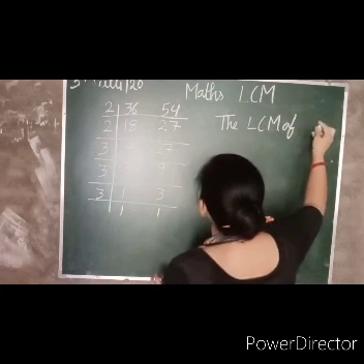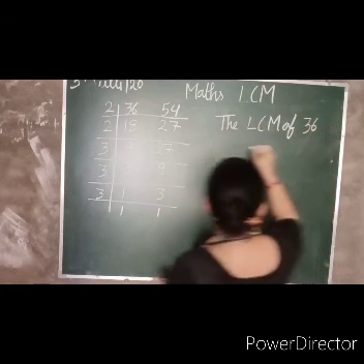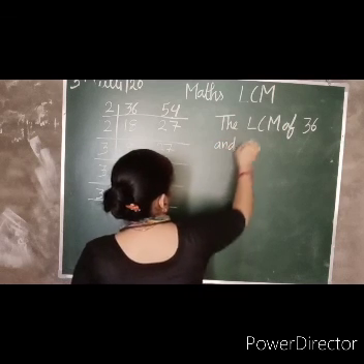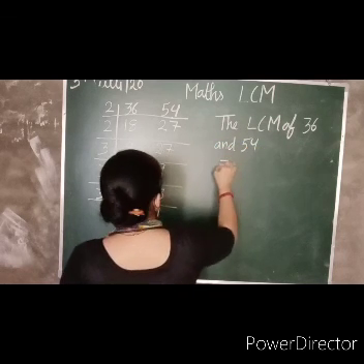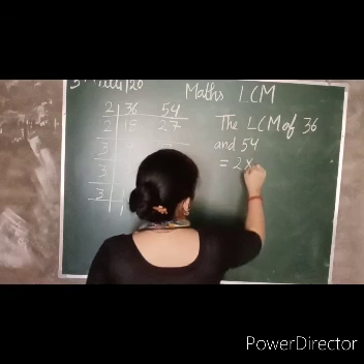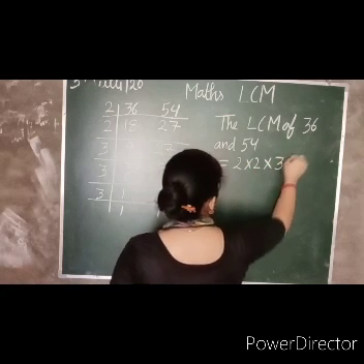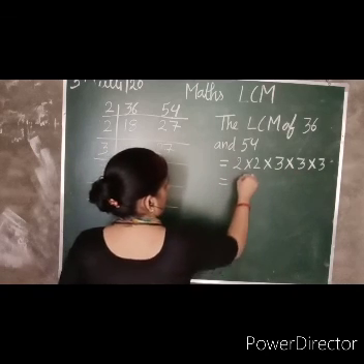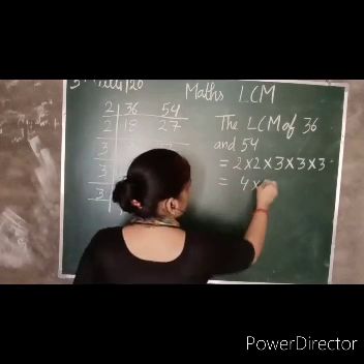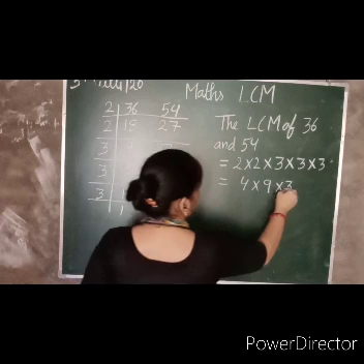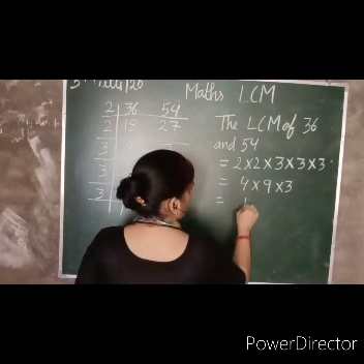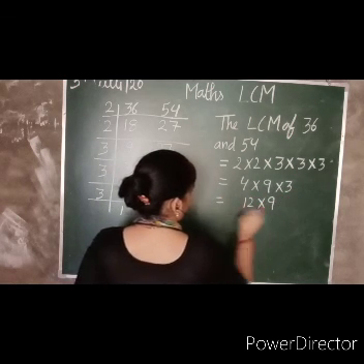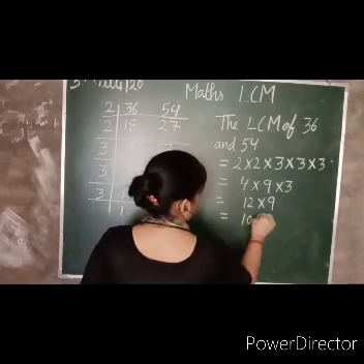The LCM of 36 and 54 is equal to 2 into 2 into 3 into 3 into 3. 2 2s are 4, 3 3s are 9 and 3 left. 4 3s are 12, multiplied by 9, 108.